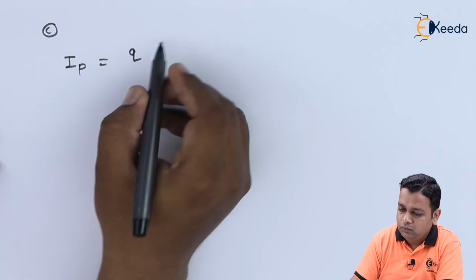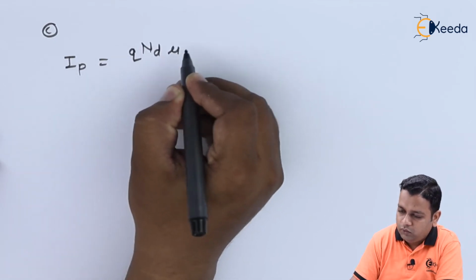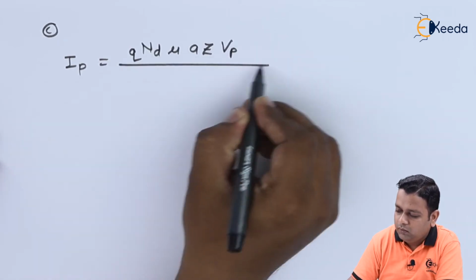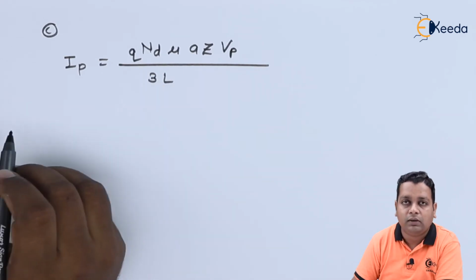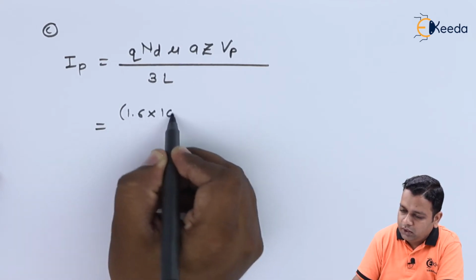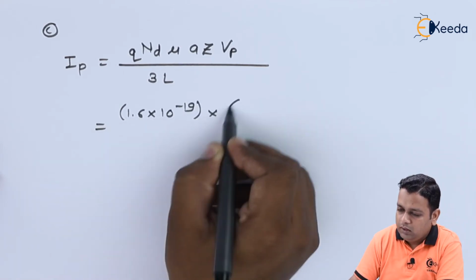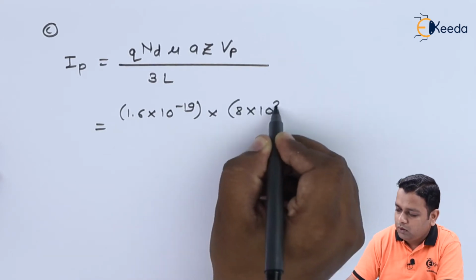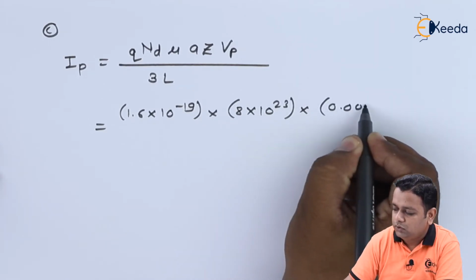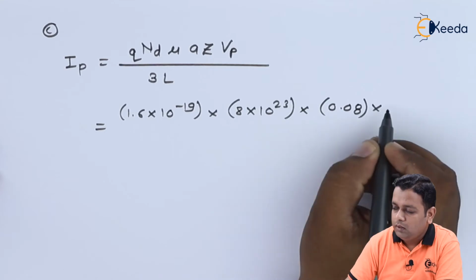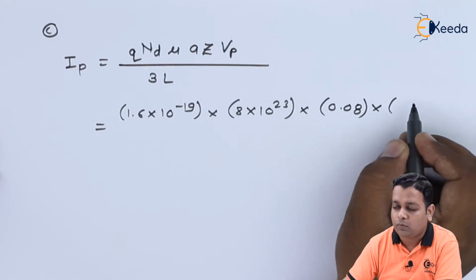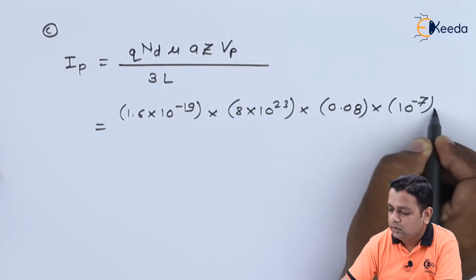The numerator is Q into Nd into mu into A into Z into Vp, and this is all divided by 3 times capital L. Substituting the values, Q is 1.6 into 10 raised to power minus 19, Nd is 8 into 10 raised to power 23, mu is 0.008, into A value, we have 0.1 micrometer, so we put 10 raised to power minus 7.